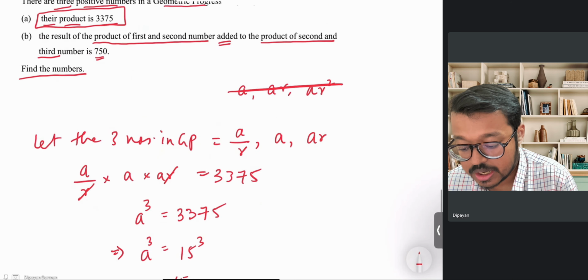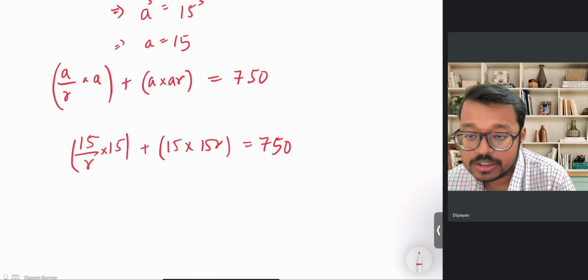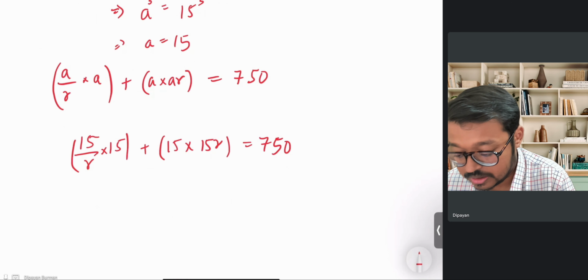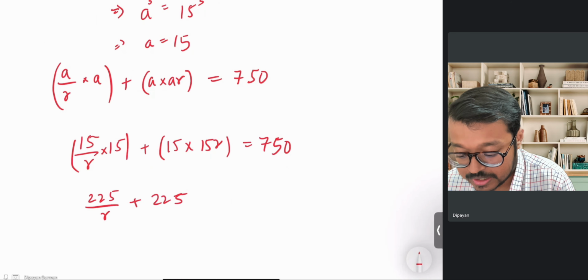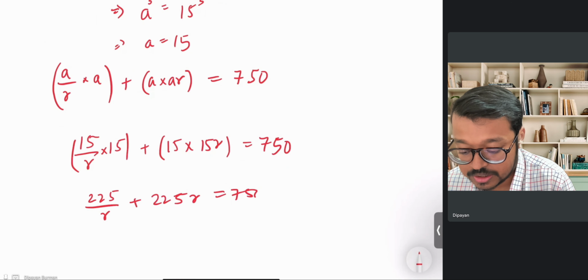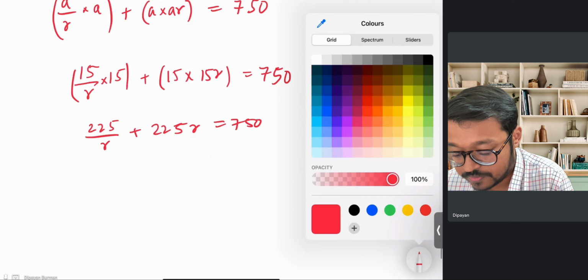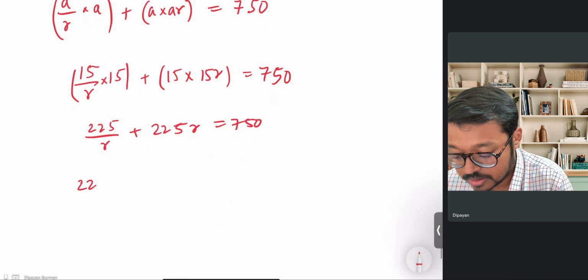We can plug in that value: 15 by R into 15 plus 15 into 15R is equal to 750. 15 into 15 is 225. So 225 by R plus 225R equals 750. I can take 225 common, so I get 1 by R plus R.